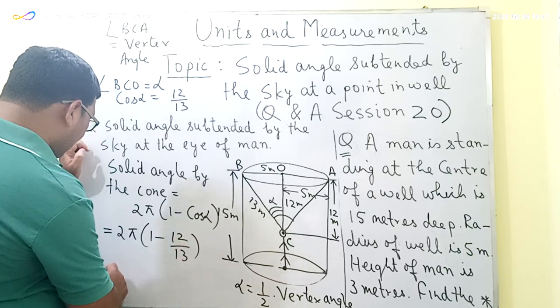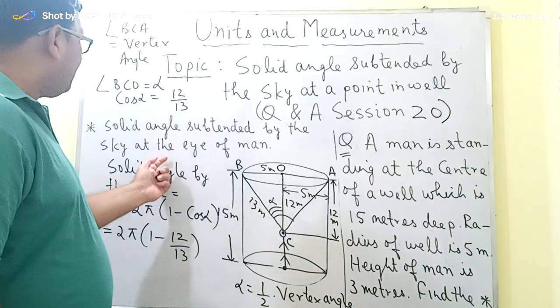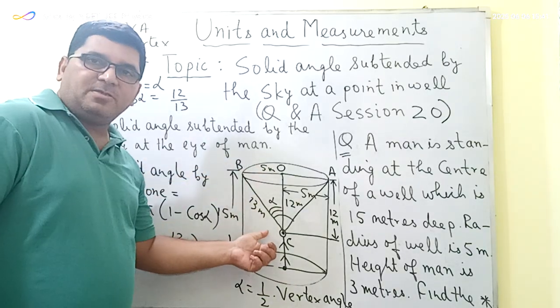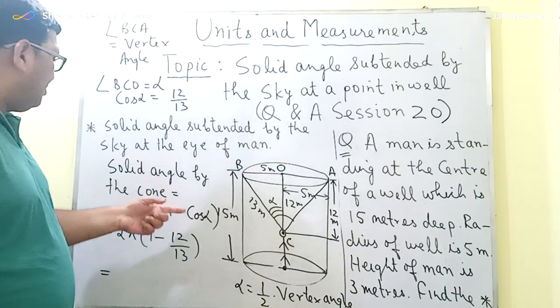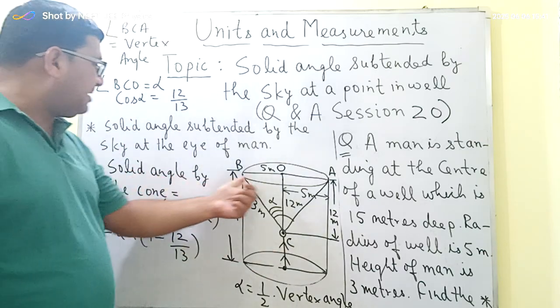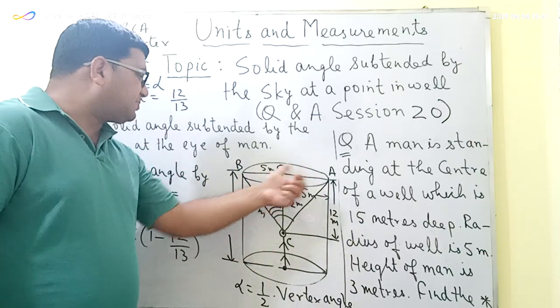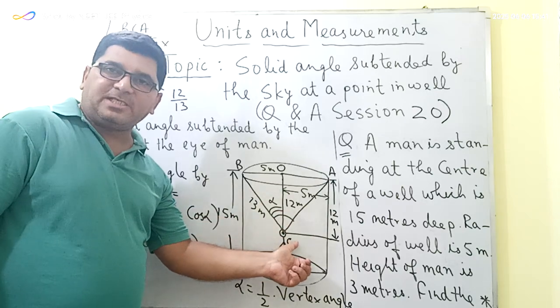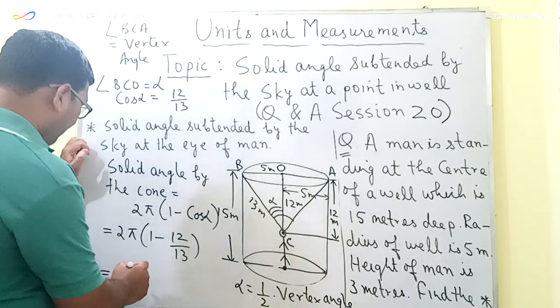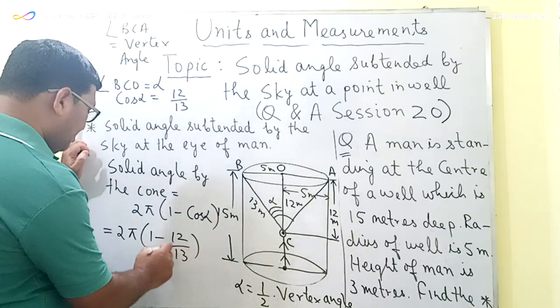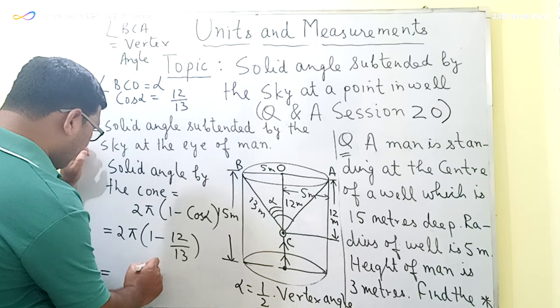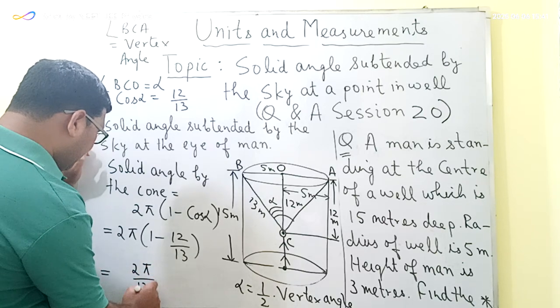So the solid angle subtended by the sky at the eye of the man, which is equal to the solid angle subtended by this cone at the vertex C, will be equal to 2 pi into 1 by 13. So this is equal to 2 pi upon 13 steradian.